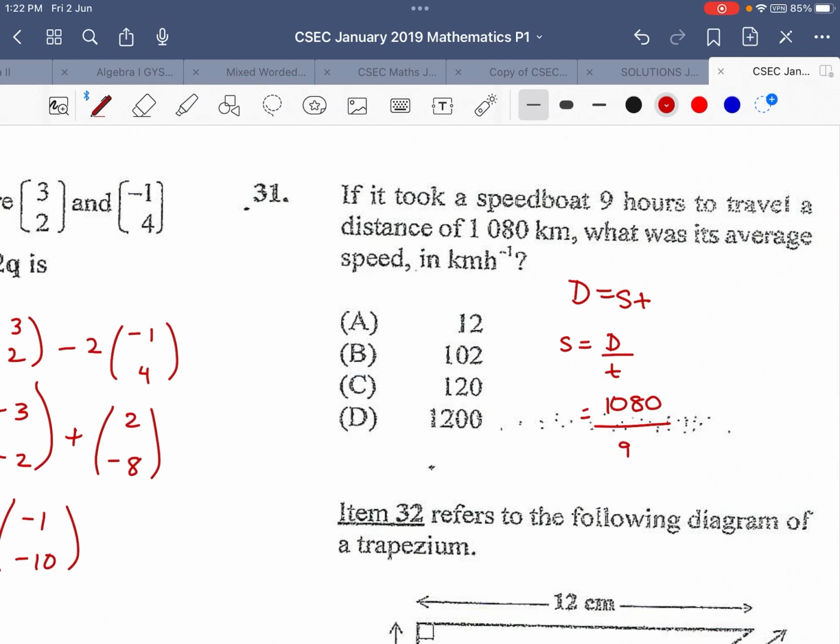Time is 9 hours. So kmph, which means kilometers over hours, so that will give you the correct units. So we just divide 1080 by 9. We get 9 into 108 is 12, and then you add a 0, so it's 120.